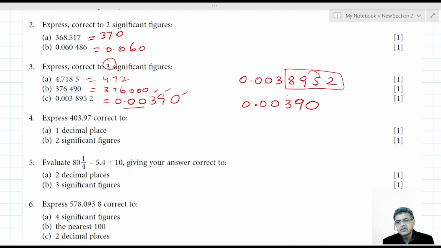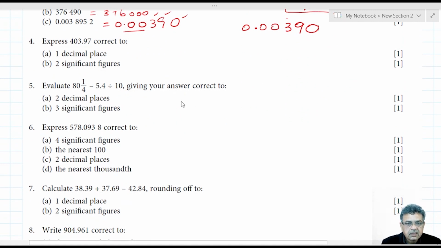So 895 rounded off will give you 900. But the problem is that if we put one more 0, that will become four significant figures. So we do not put another 0, so this will be 390. 0.00390.